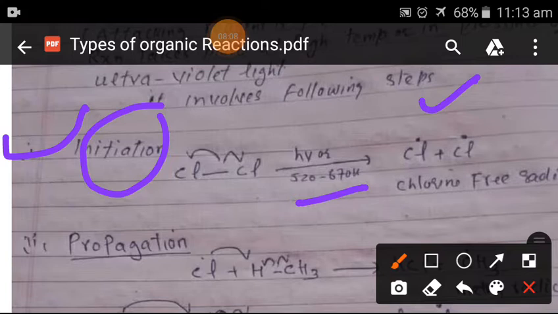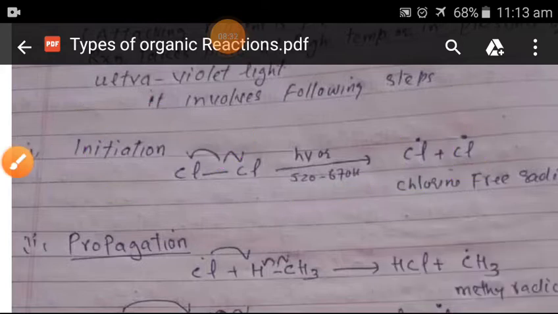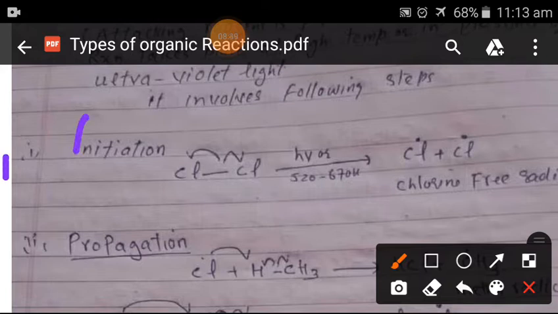The bond between chlorine and chlorine gets broken, and this is called homolysis, when each of the participating atoms gets one electron each. So this chlorine gets one electron, and this chlorine also gets one electron. These are called chlorine free radicals. So there occurs the generation of free radicals. This step is called the initiation step.